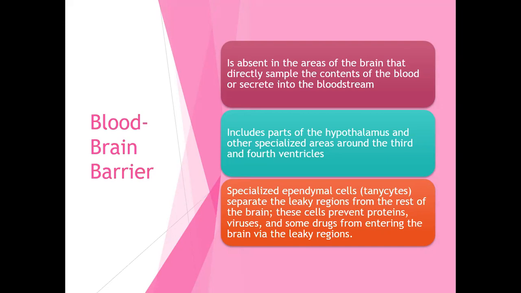There are also some areas around the third and fourth ventricles that don't have the blood-brain barrier. There are cells called tanycytes that separate the leaky regions from the rest of the brain to prevent proteins and viruses and certain drugs from entering the brain via the leaky regions.